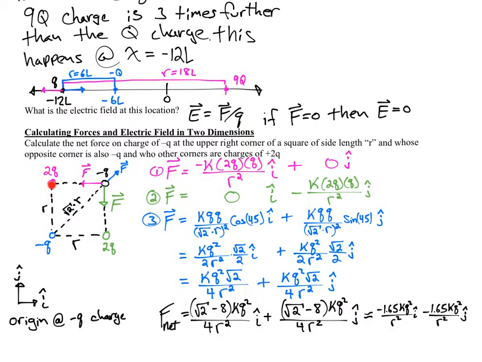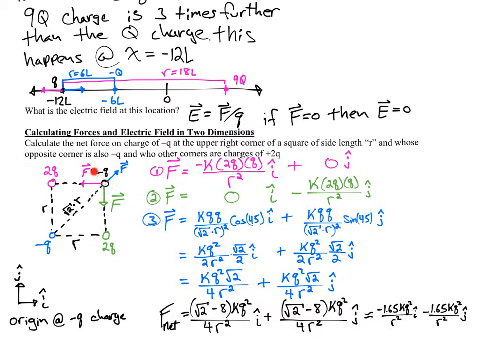All 4 sides are the same length, r, and the opposite corner is also -q. So -q at top right, -q bottom left. The other corners have charges of +2q. So positive 2q top left, positive 2q bottom right.